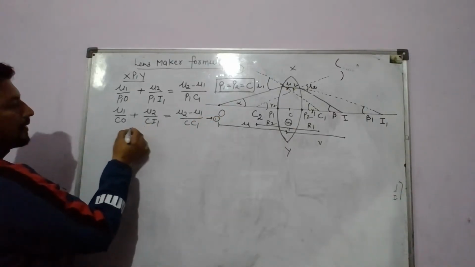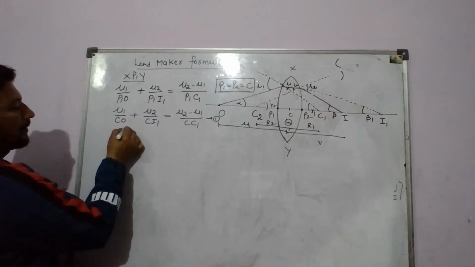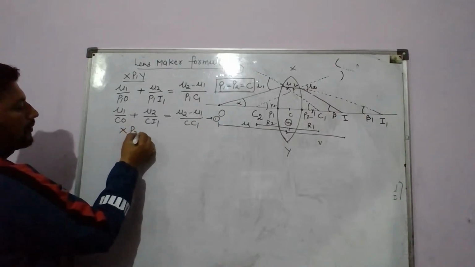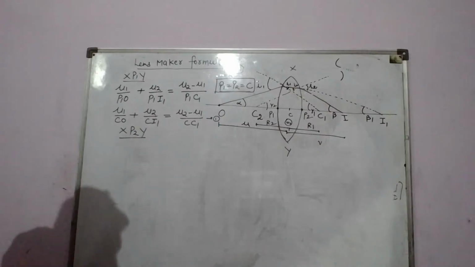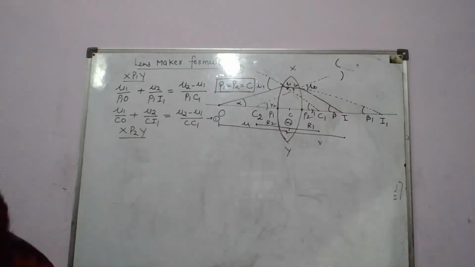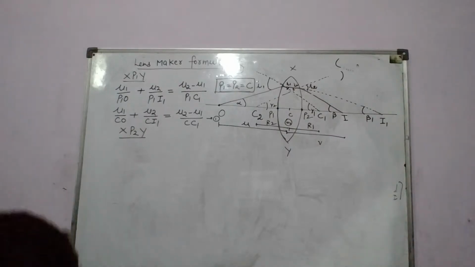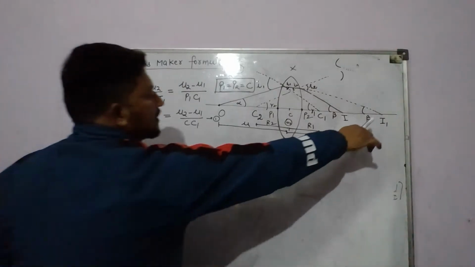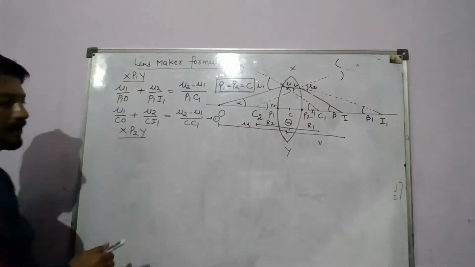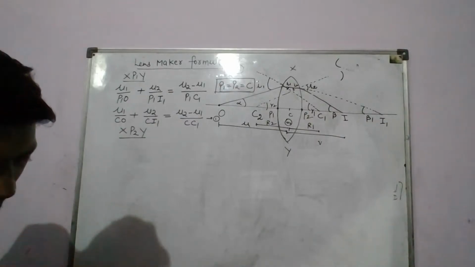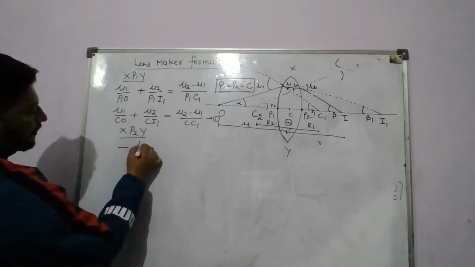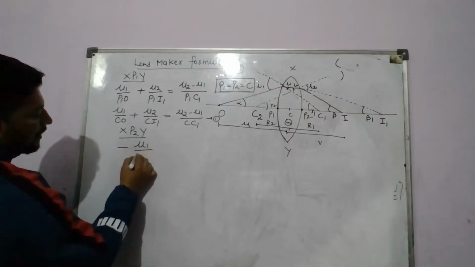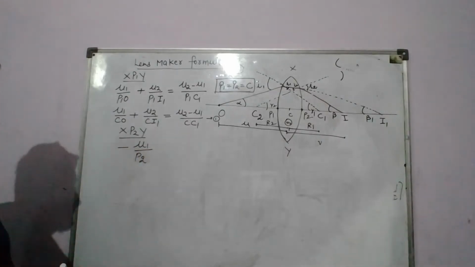Again, take the concave surface x P2 y. If you take the distance from x, P2 to y, you know this is the image, this is the object. Then you write here minus mu1 upon P2I1.